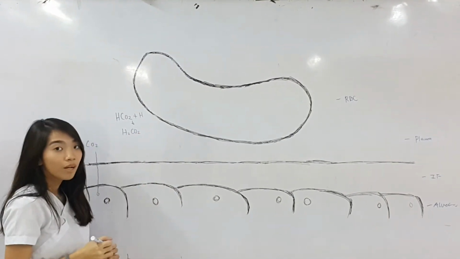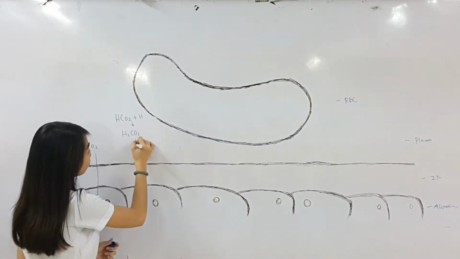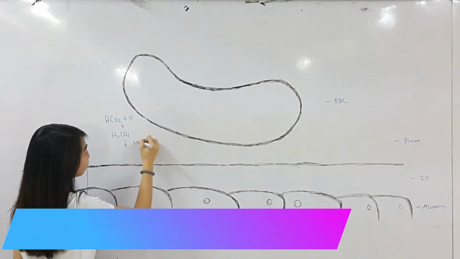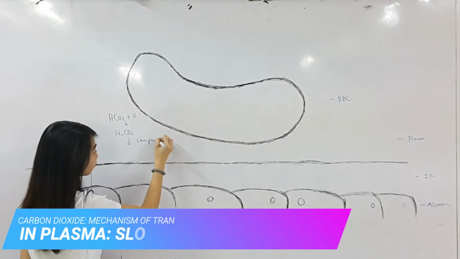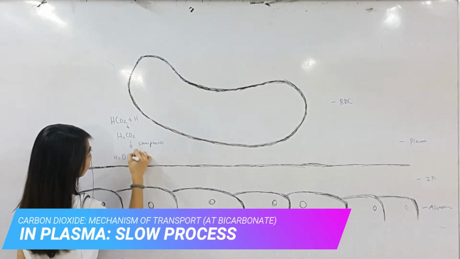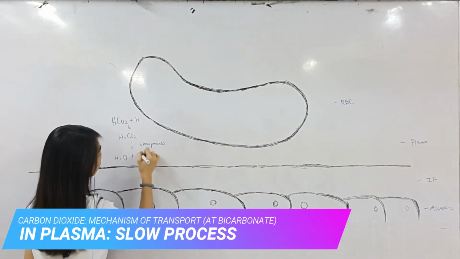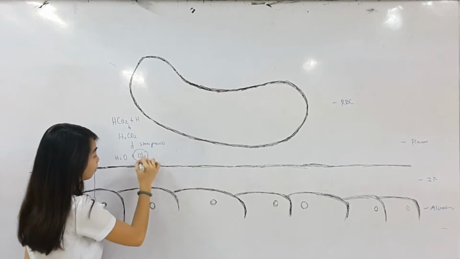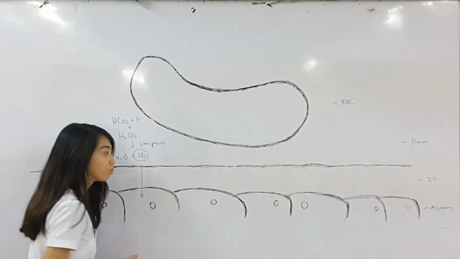And by a slow process, it will form hydrogen and carbon dioxide. Then the carbon dioxide will now enter the alveolus.